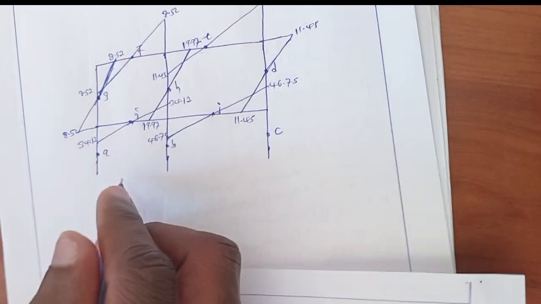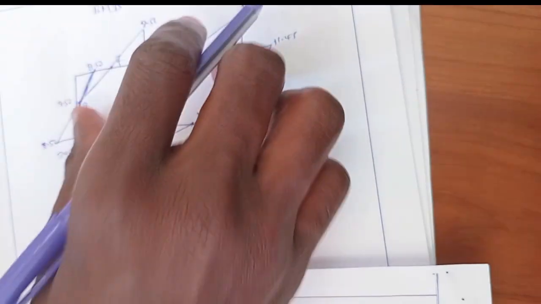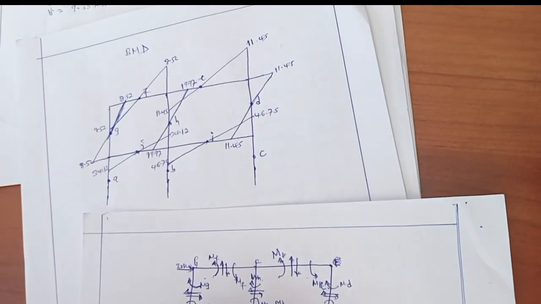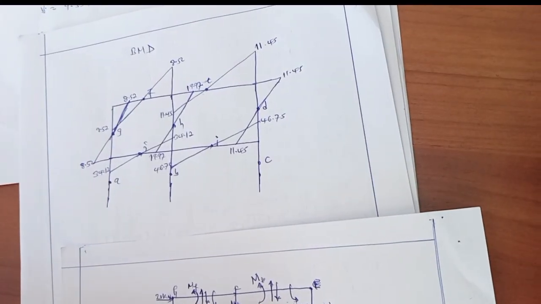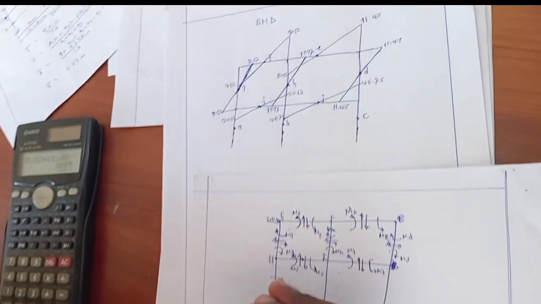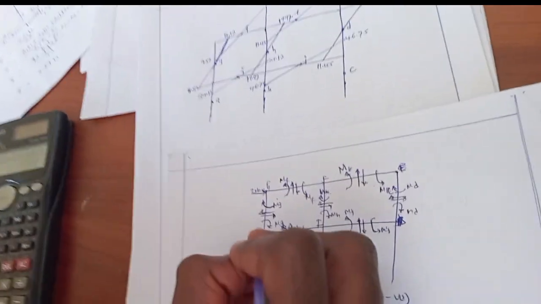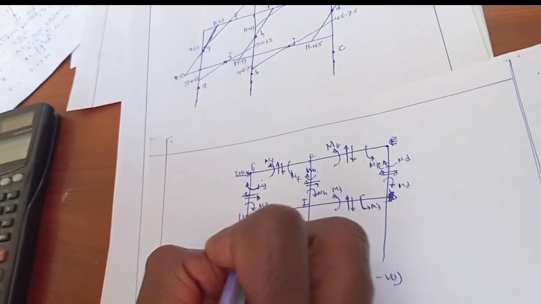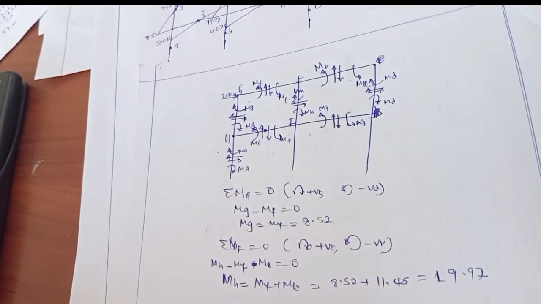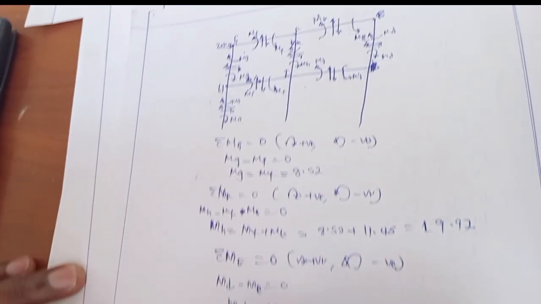Similarly to this point, we shall do similar to that point. Okay, let's take summation of moment at point H so as to get the bending moment at A. Here, this is VA, bending moment at A, MA. Take summation of moment at H is equal to 0.